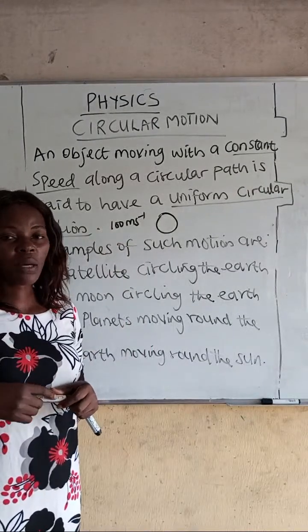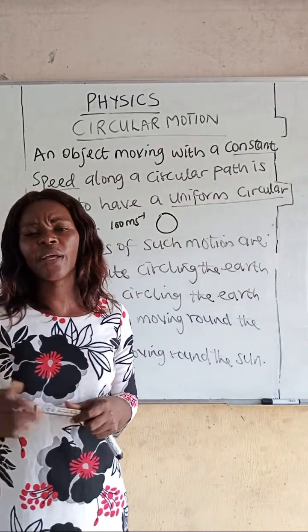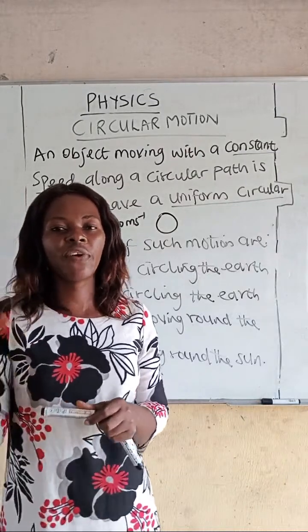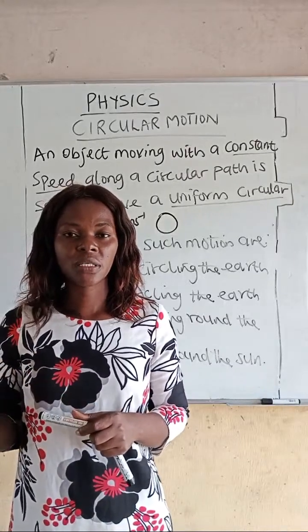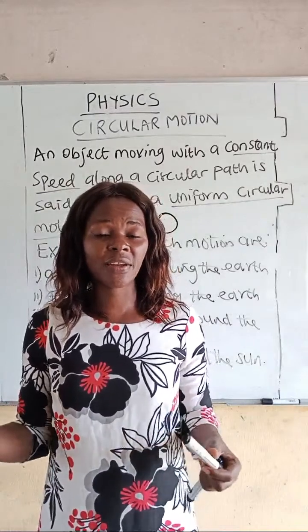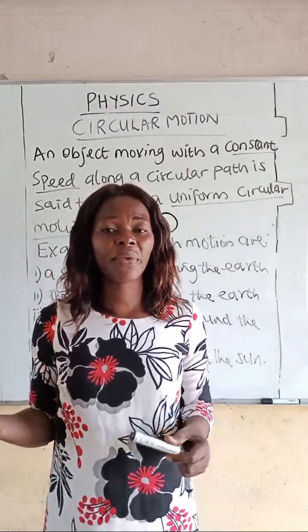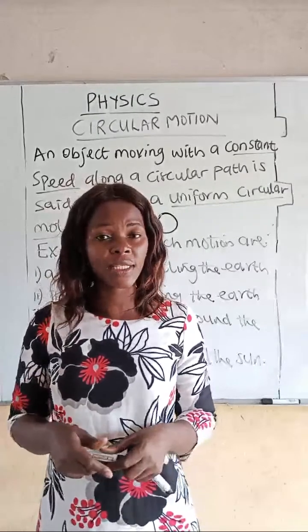In rotational motion, the motion does not have a constant speed. For example, the rotation of a fan blade is an example of rotational motion. We can decide to use our fan regulator to reduce the fan or to increase it. But we can't say that the speed is what? Constant. Why?